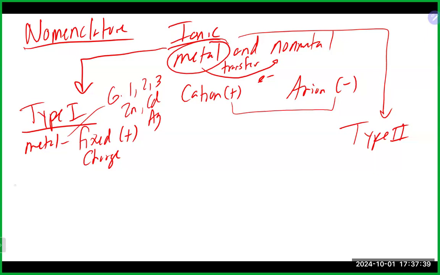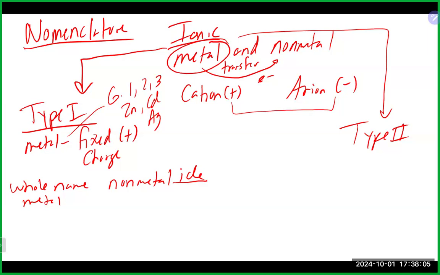And to name the compound, we do use the whole name of the metal pretty much, our cation. For the non-metal part, we do drop the last part of the name or maybe a little bit more, and we do put IDE there. Remember, as we talked about, there is no use of any type of prefix when you have a metal involved pretty much.